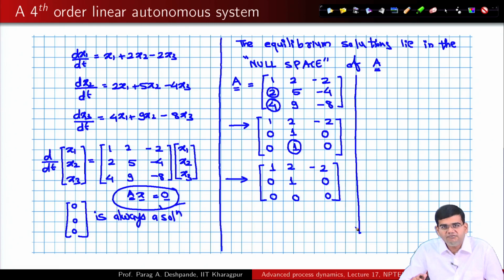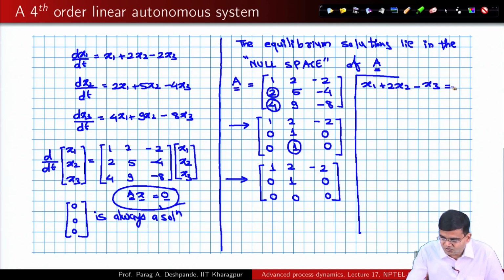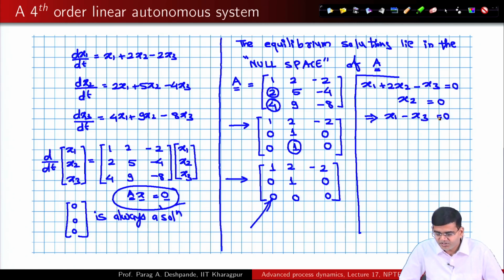So, now I would convert my matrix back to a system of equations. So, that would be x1 plus 2x2 minus 2x3 is equal to 0. This is my first equation following the row reduced matrix A, and I have from the second row x2 is equal to 0, which means x1 minus x3 is equal to 0.